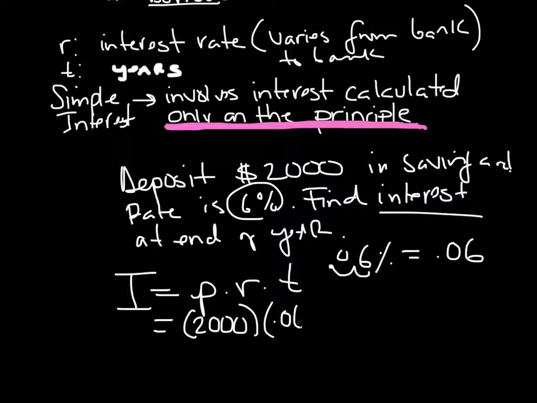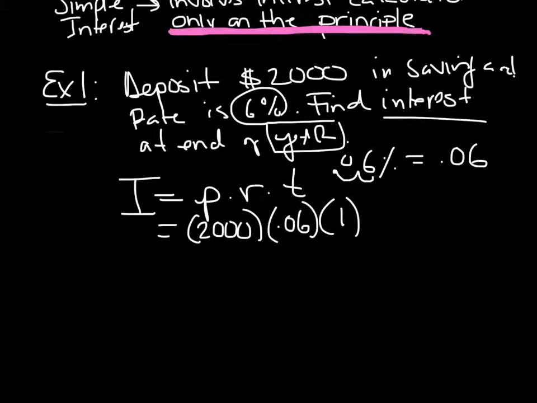So that's 0.06. We want to find the interest at the end of 1 year, so my T is just 1. You don't have to multiply this by hand unless you want to, but this is just 2,000 times 0.06. The times 1 doesn't really matter, anything times 1 is the same thing. So we end up getting 120. Well, 120 what? Dollars.